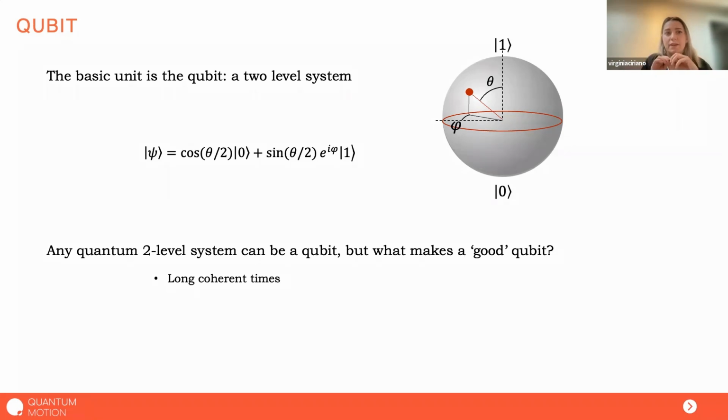For example, if you are in the excited state, it can decay. That would make you lose information in the polar angle, theta. The time in which you lose that information is the relaxation time, or T1. You can also have decoherence, which is losing information in your phase. That time is called T2.